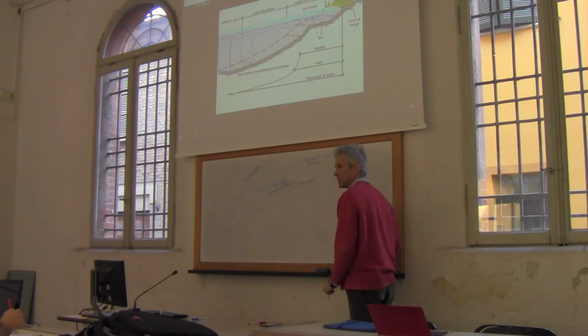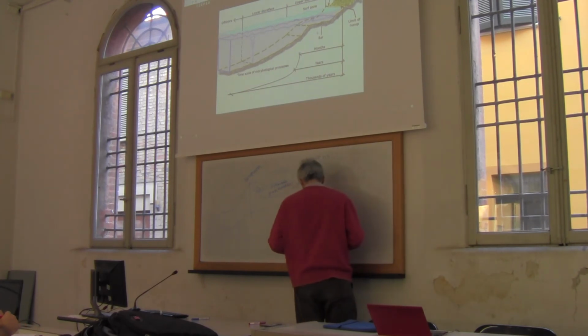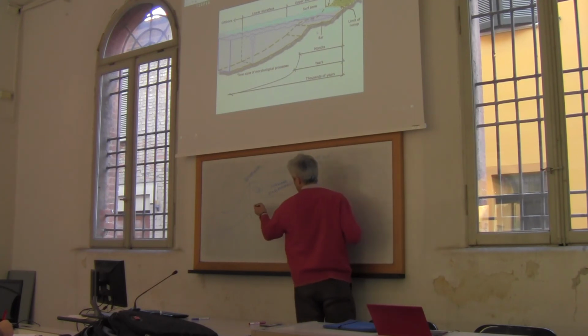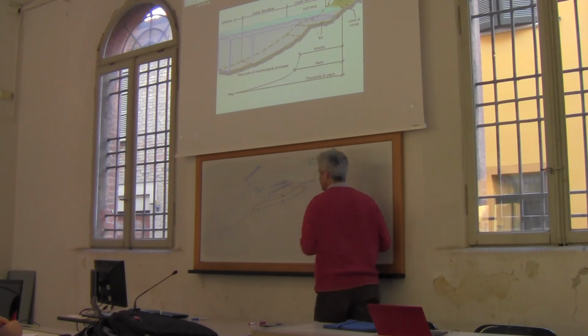Good. So what happens here? If I depict in black the sediments, I have a movement of sediments that originates here in this way, which is associated with the movement of water.